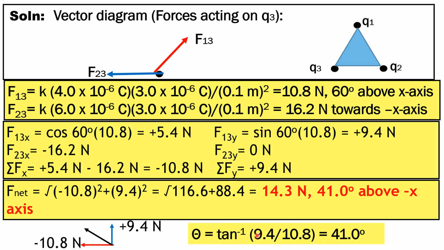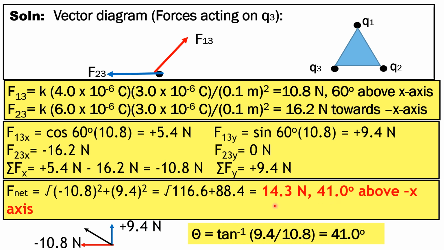If you get that quotient and then get the arctan of that ratio, to eventually get the value of theta, using your calculator, we will get an angle that is exactly equal to 41.0 degrees. So we can use that angle theta to describe the direction of the net force.